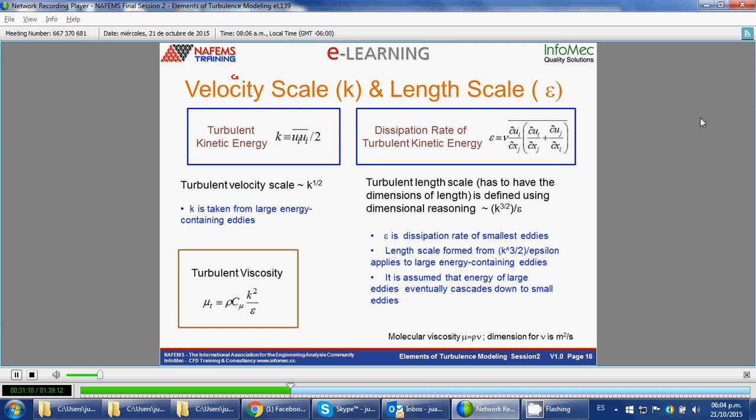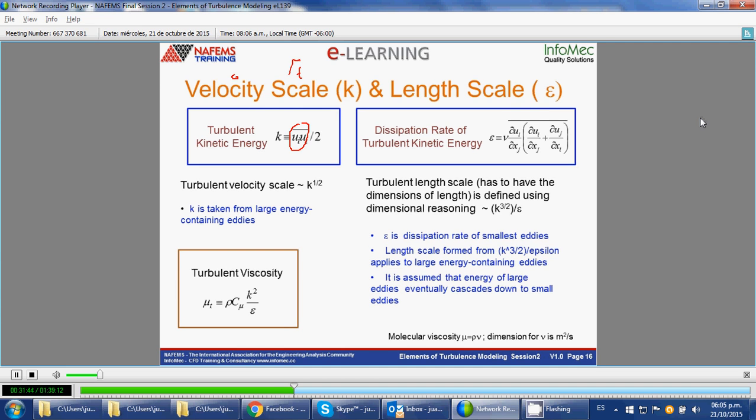And here we specify mu t in terms of k, but k uses the mean flow information for us. So even though it's giving us the velocity scale, we're really relying on the mean flow, on the large scale eddies, to give us that information. This is what will eventually cause us some trouble.